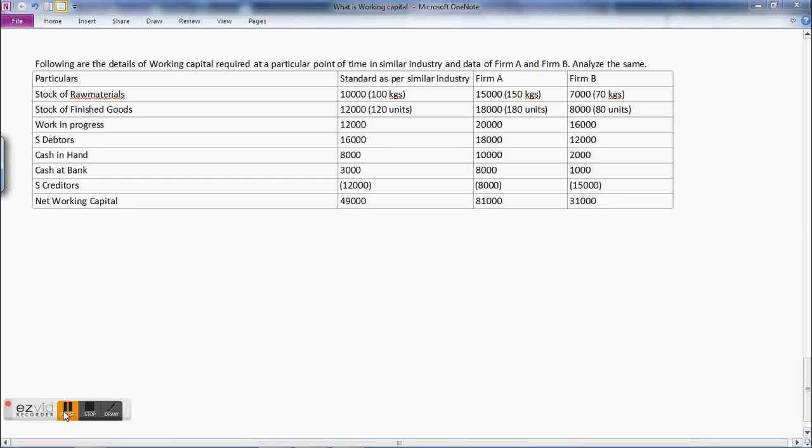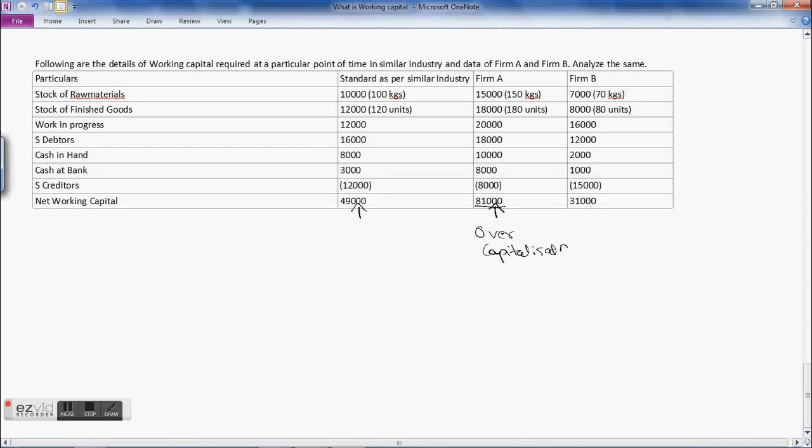We are given stock of raw materials, stock of finished goods, work in progress, sundry debtors, cash in hand, cash at bank, sundry creditors, and net working capital. If you see the net working capital, as per the standard, it should be 49,000. Now if you look at the data of firm A, their investment in working capital is 81,000. So there is overcapitalization.